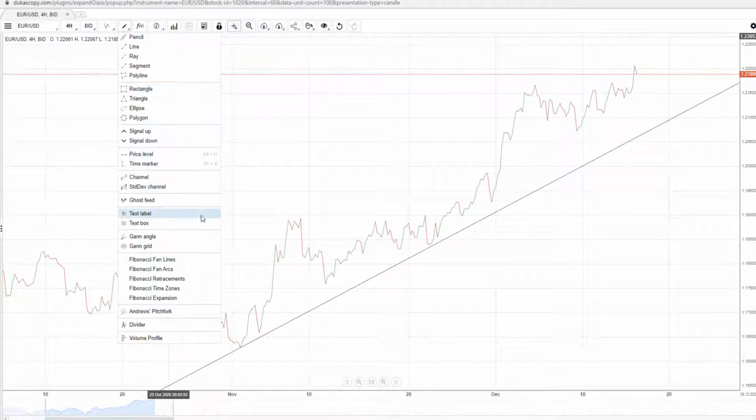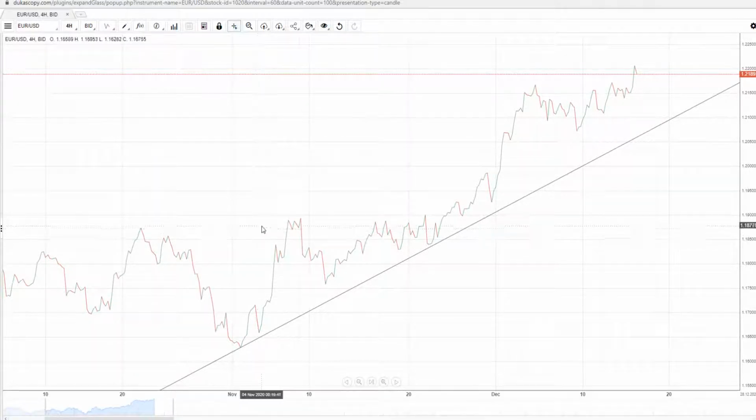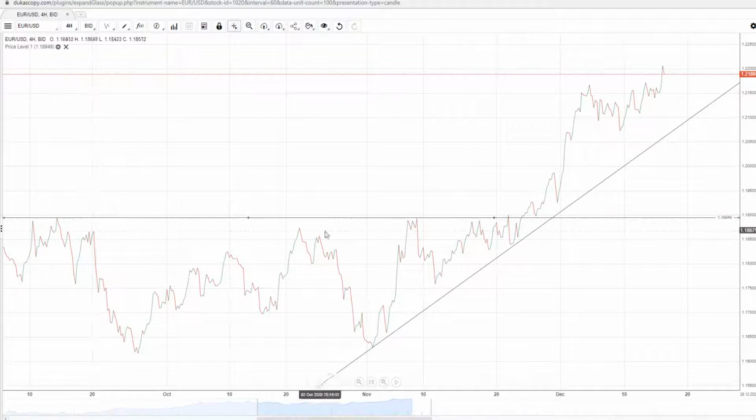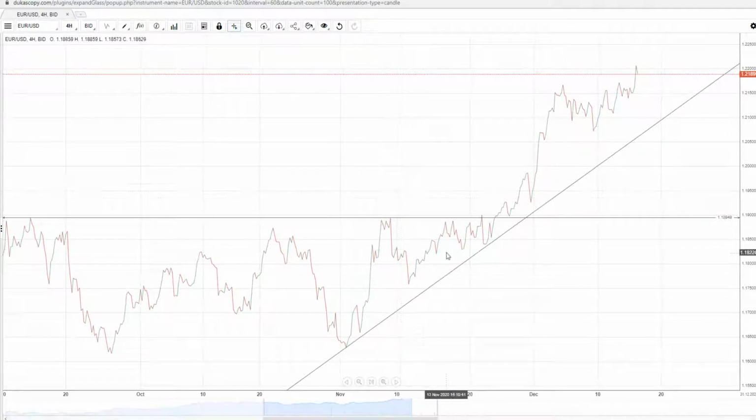So that being said, let's use this 4 hours as an example. I'll backtest it for you, then in real time I will show you what might happen with this strategy. So that being said, let's take this trend line. I'm looking for a resistance and a support. So this is kind of a very good resistance. We can see the price was holding here, the same and the same. So this is a very good resistance level.